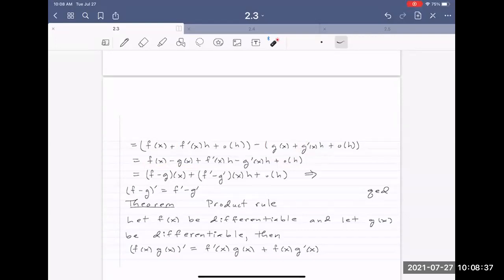Again, using the pointwise notation for the difference of functions, this is equal to f minus g at x plus f prime minus g prime of x times h plus little o of h. Therefore, that's my derivative. And so I have that f minus g prime is f prime minus g prime. And that's what I wanted to show.